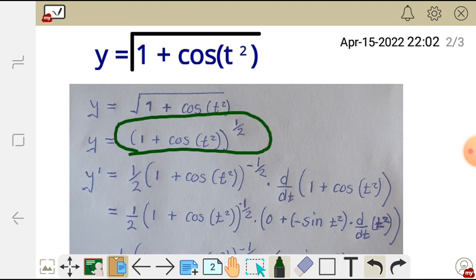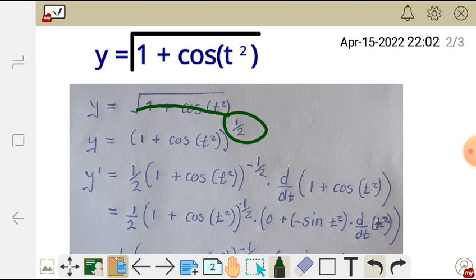If you don't know what the chain rule is, check my video list and find a suitable video which explains the chain rule. Using the chain rule, we drop the power, which is 1 over 2, to the front, multiplying it with the coefficient of the function, and then subtract 1 from the power.